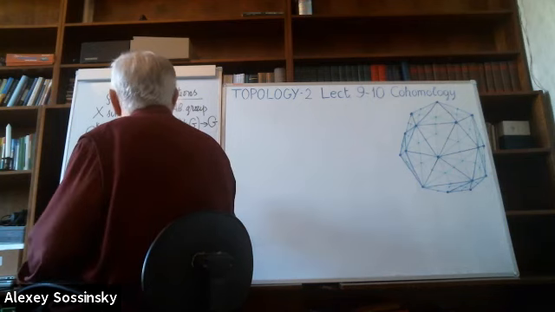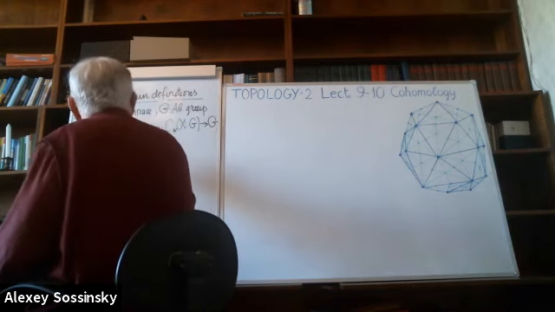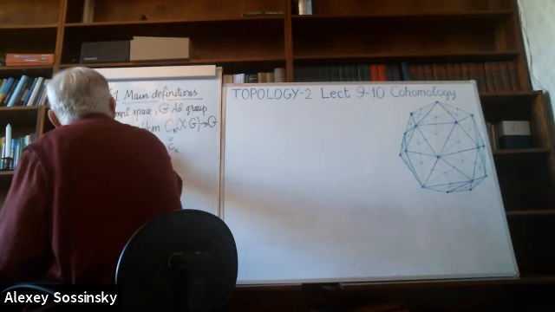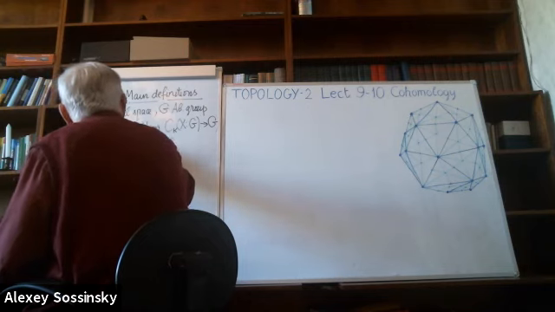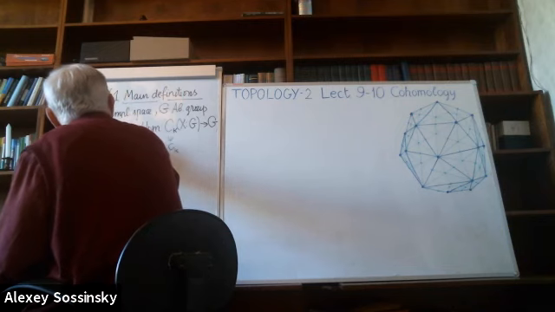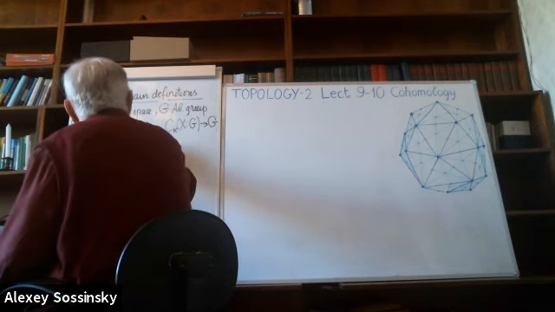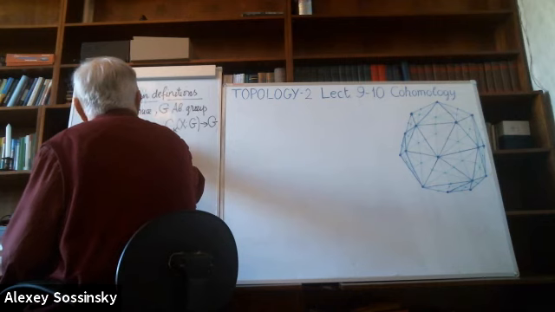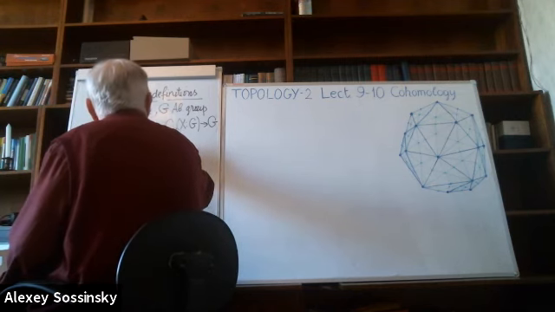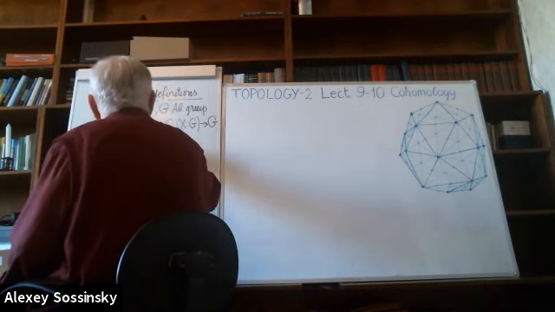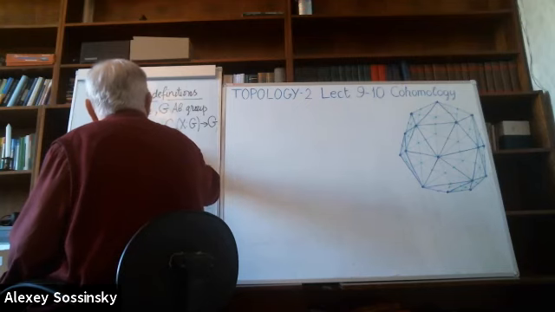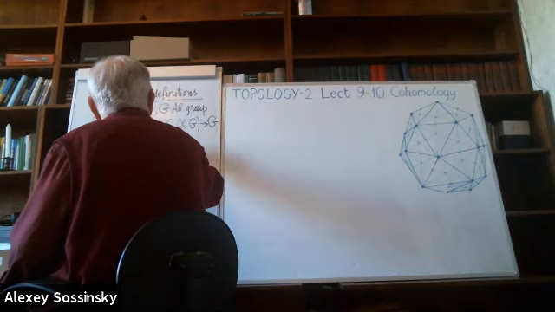So then we use the following notation. By angle brackets c^k, c_k, we denote the value of c^k on c_k.